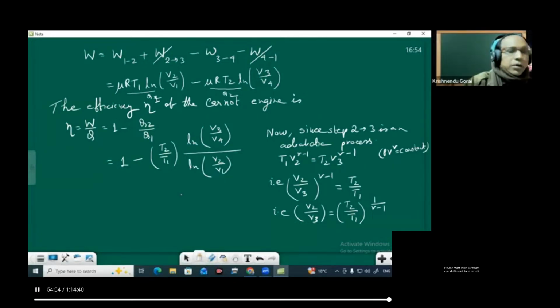Right? Now also in step 4, similarly, there is a long process you have to remember.